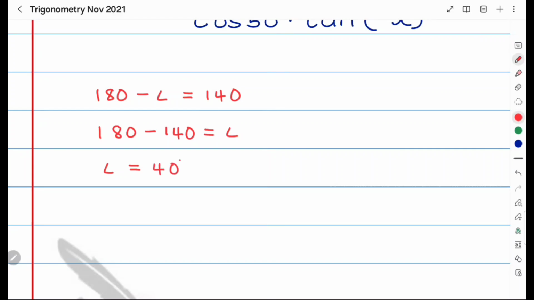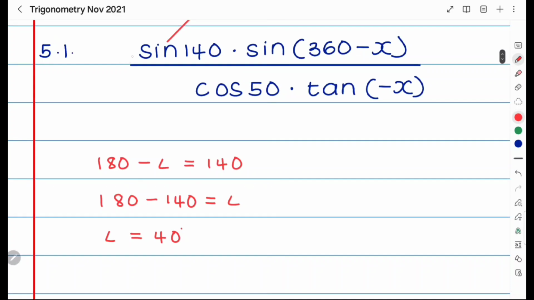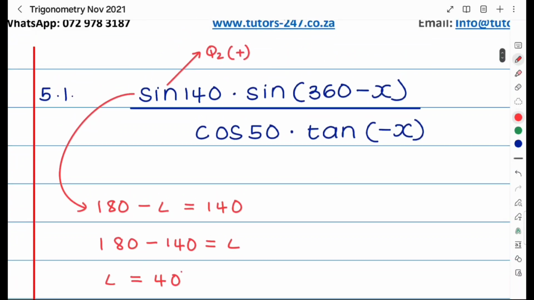It is now less than 90. So we have now reduced sine of 140 into positive sine of 40. Next, let us have a look at the second ratio.